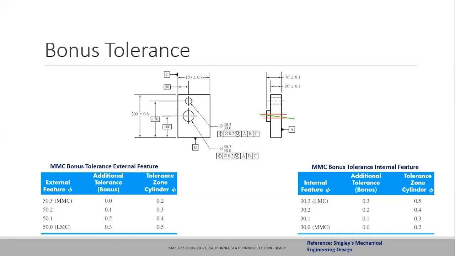But when I fabricate it at 30.3, then the 0.3 will be the bonus tolerance that gets added to the tolerance zone. So 30.5 is not the acceptable dimension because I'm not adding 30 with 0.5 here. These are the acceptable sizes, and these are the acceptable tolerance zones corresponding to the sizes that are getting fabricated.